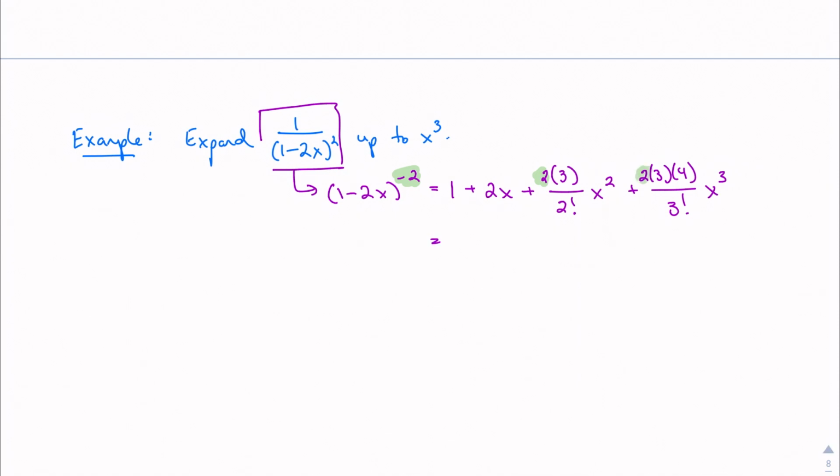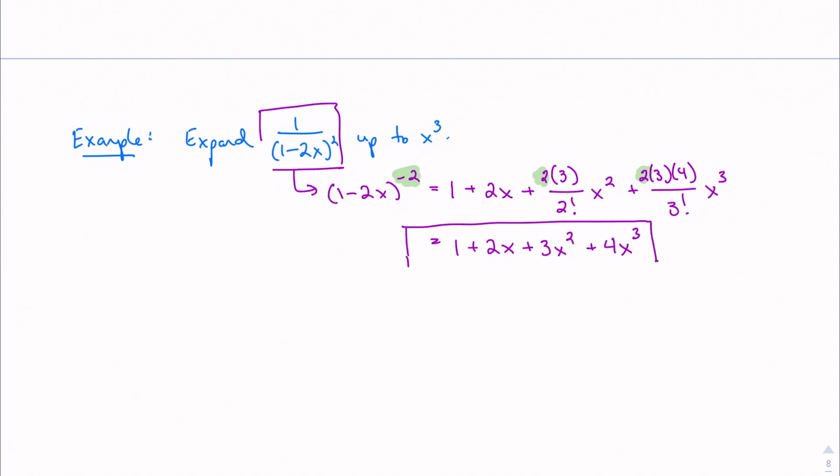So simplifying this, 2 times 3 is 6, 2 factorial is 2, 6 divided by 2 is 3. 2 times 3 is 6 times 4 is 24. 3 factorial is 6, so I have 4x cubed, and so on. Actually, not and so on, because I told you to stop at x cubed. So there is my expansion.